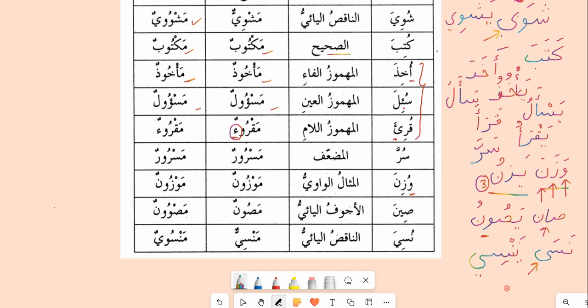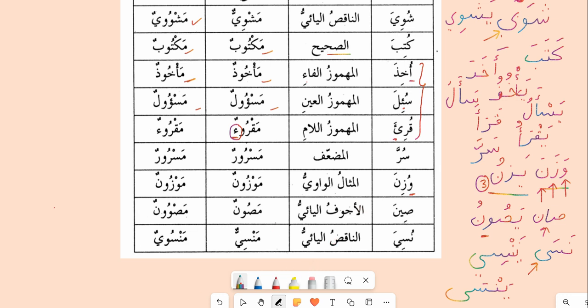And as I have seen, yansa with an alif makhsura in the present tense. So here they might have taken yansi. That's why it is naqis ya'i, mansiyun and mansuyun. So this is all from what we have learned previously about making naqis ya'i. So this is all the verbs done.